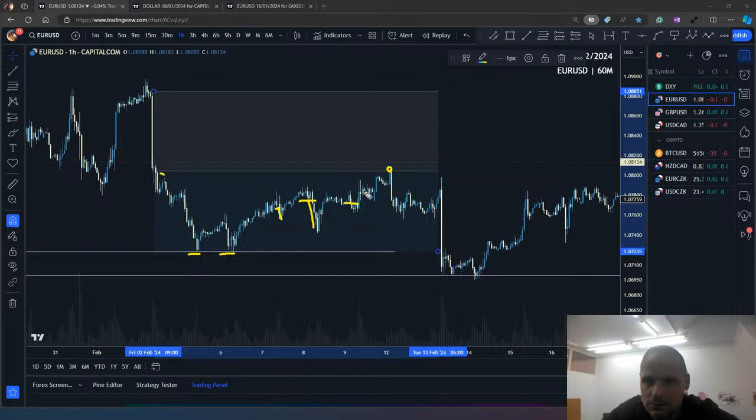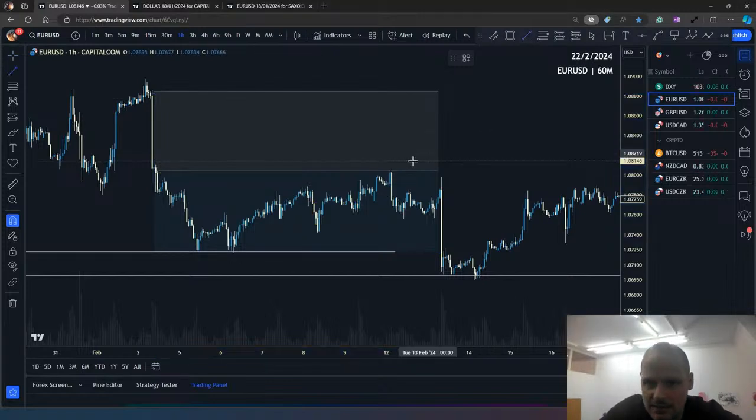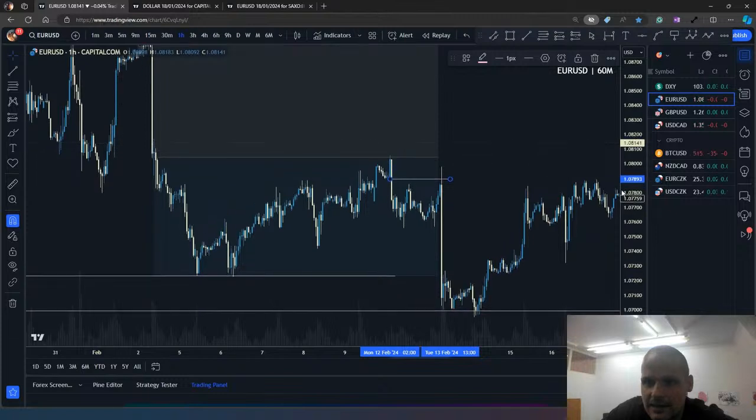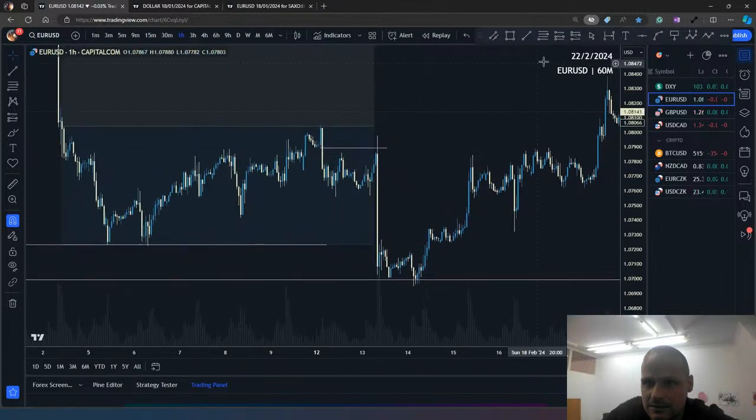So at least once we touch this 50% and the price shows you the breakdown with the gap, then you know that it's ready, that the market makers, the big players are playing. Then where is the origin of the move? In here. And you are targeting these external highs, this external liquidity.